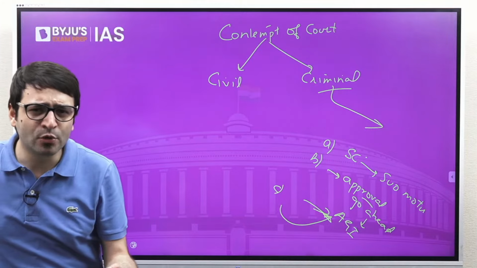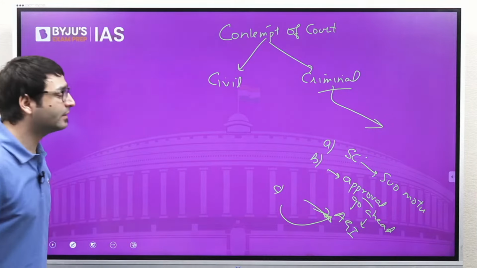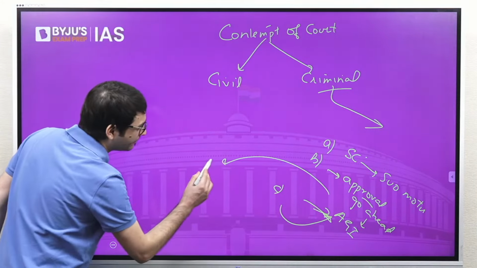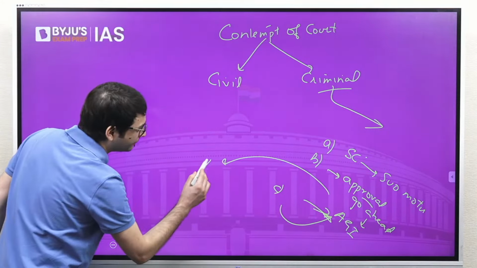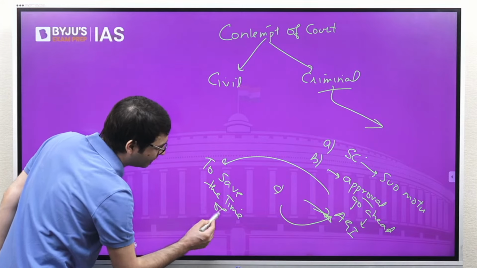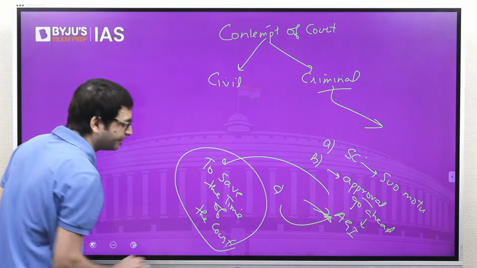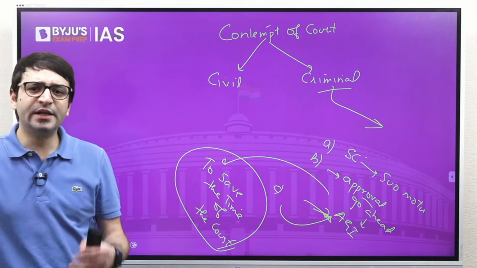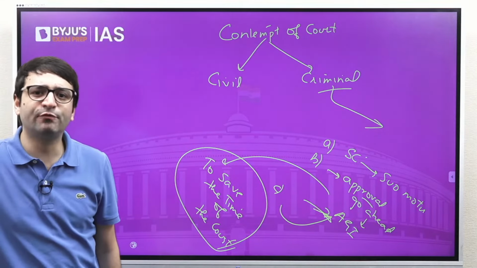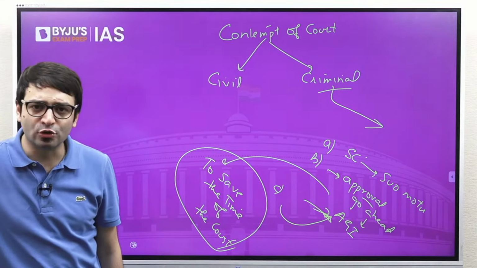Why is this approval of Attorney General required? We say, to save the time of the court. Attorney General's permission is necessary before one can approach the Supreme Court and file a contempt of court case.